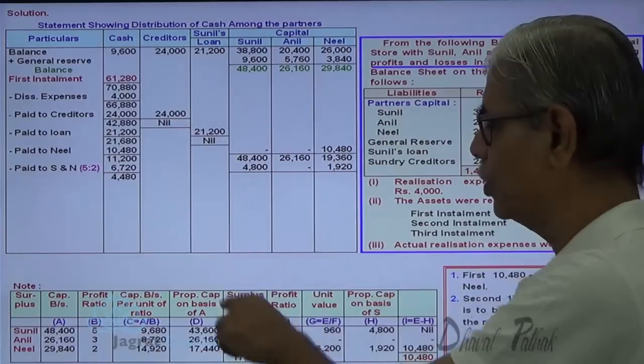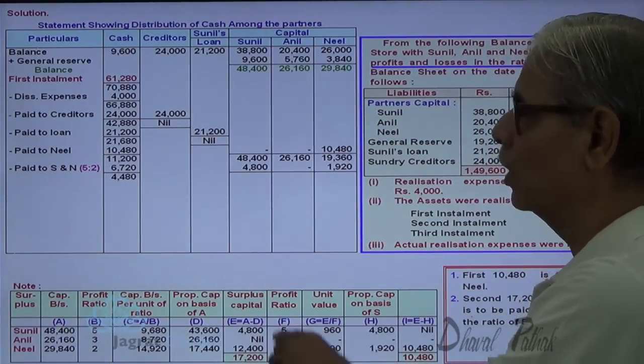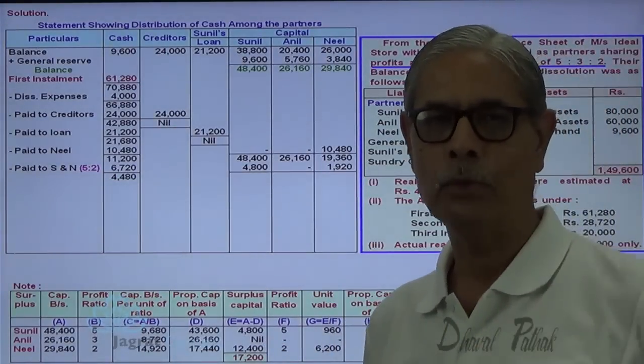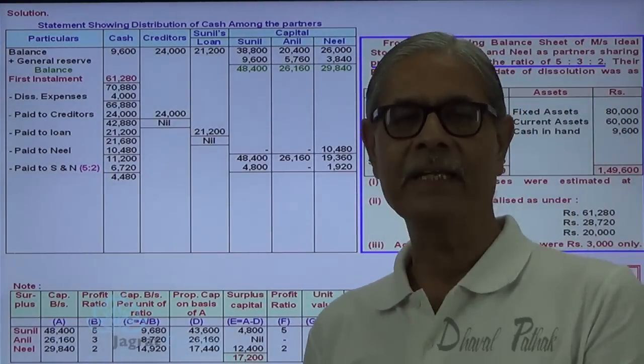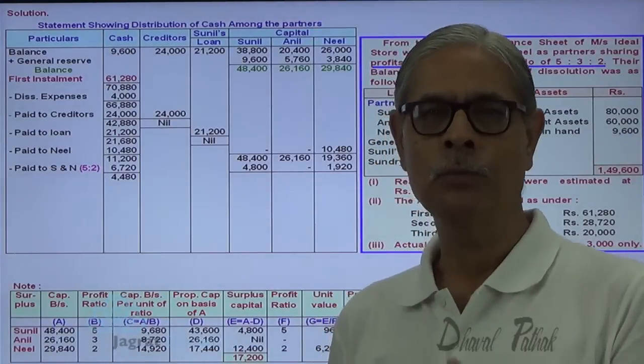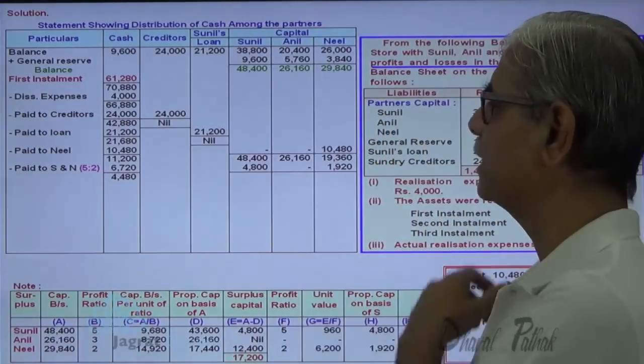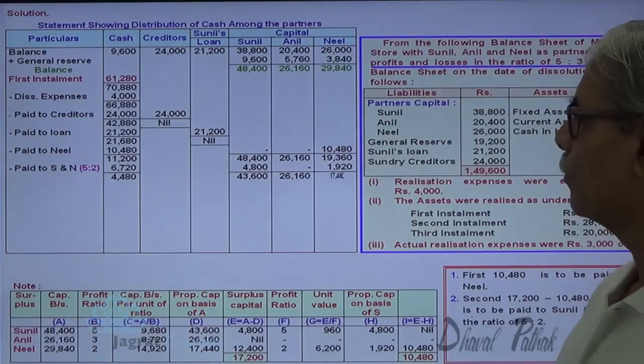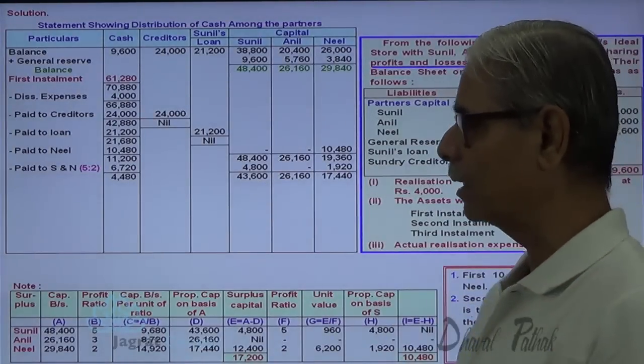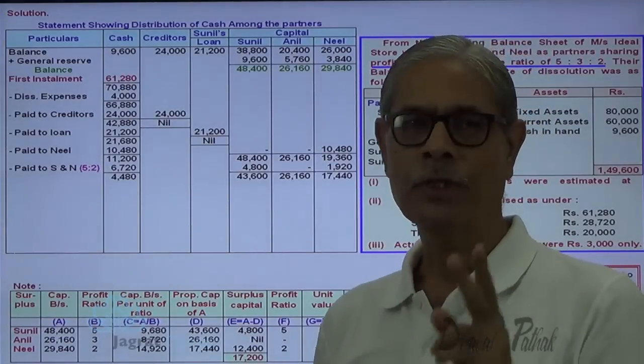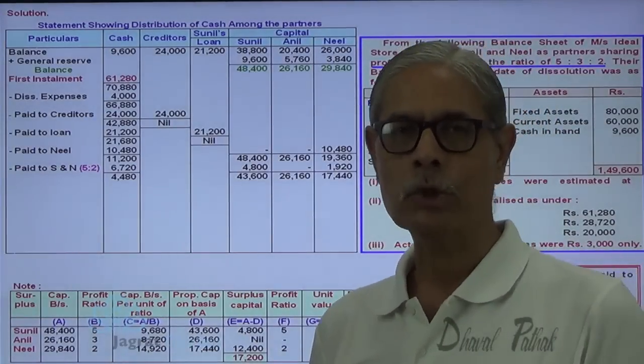Now by these two distributions, the total 17,200 surplus capital is already distributed. Now the profit sharing ratio and the capital ratio of all the partners is the same. If you find out the ratio of the capital and the profit sharing ratio, it is the same, 5:3:2.